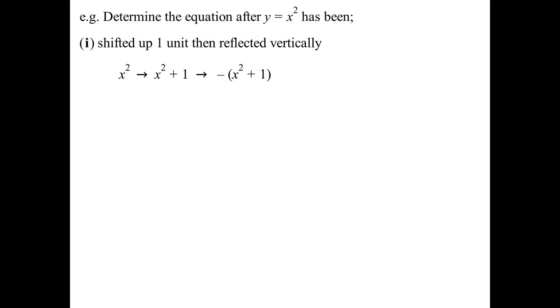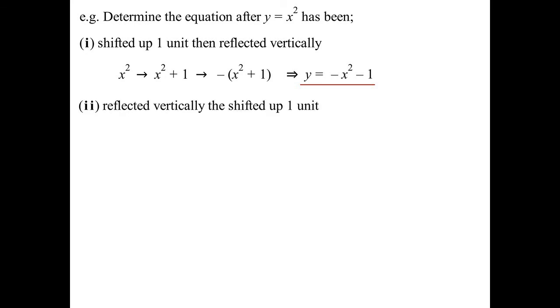All right, so what will our equation become after we've shifted it up 1 unit and then reflected it? Shifted 1 up, x squared would become x squared plus 1. Reflect vertically is minus function x, so it'd be minus x squared plus 1, so we get y equals minus x squared minus 1. So that's when we shift it up 1, then reflect vertically.